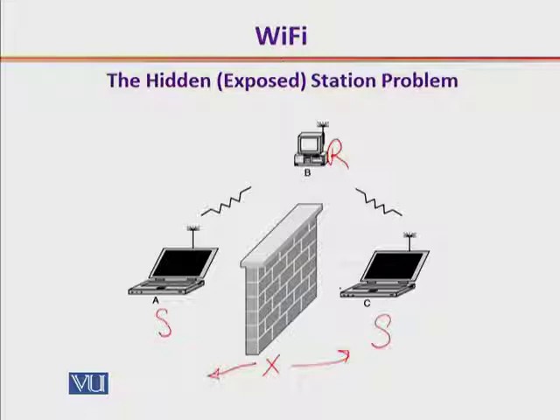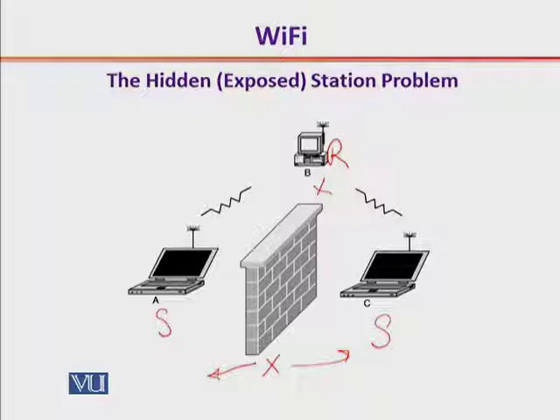Let's imagine that B is a node within the radio range of both A and C. Now you can observe that A sends to B and C sends to B. Well, it's fine, but what if they send simultaneously? B will receive data from both, and consequently a collision is going to happen here. This collision is happening because A and C are unaware of each other's presence.